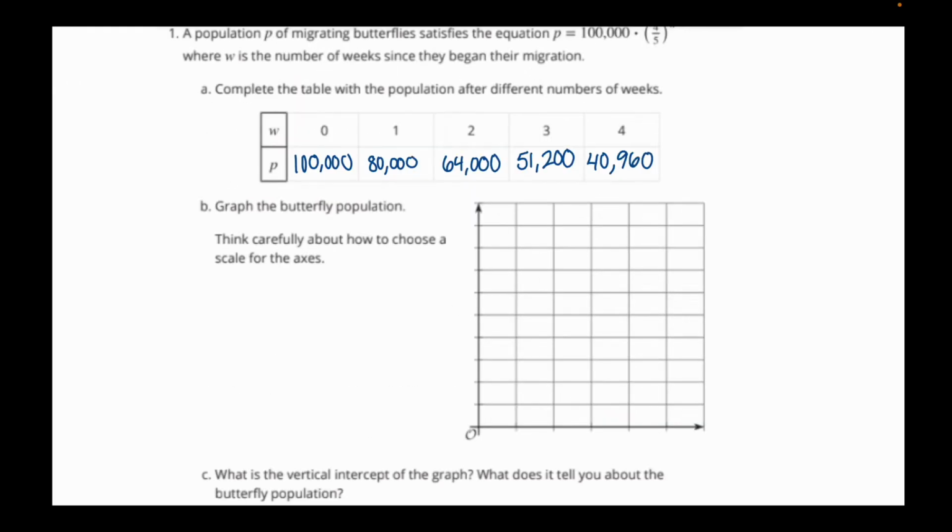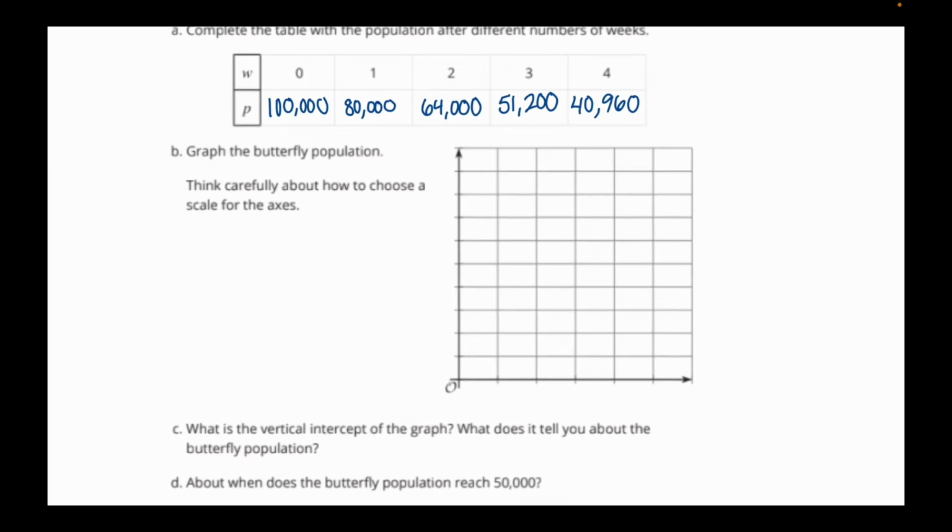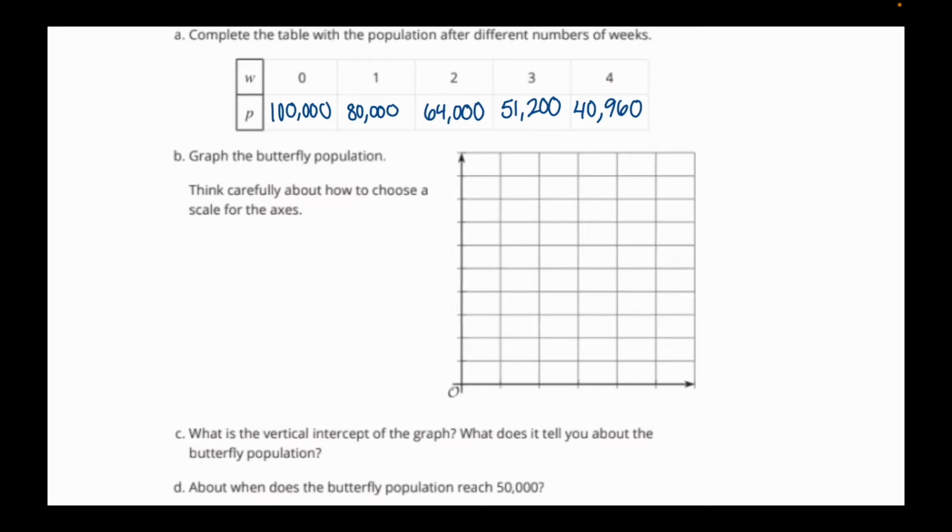Let's see how many rows we actually have here: 1, 2, 3, 4, 5, 6, 7, 8, 9, 10, which means we could just put 10,000 for each. So I'll make 100,000 all the way at the top here.